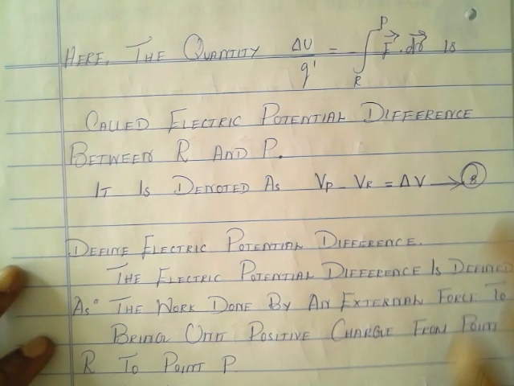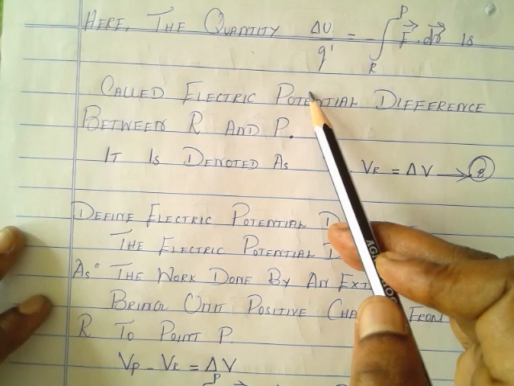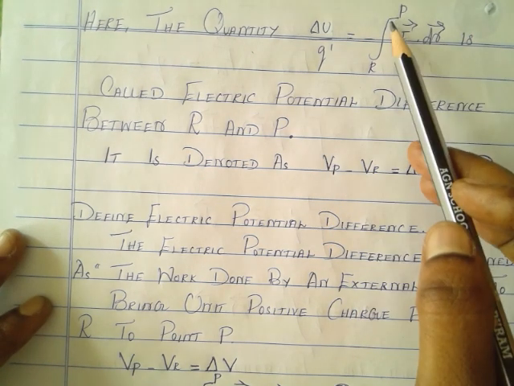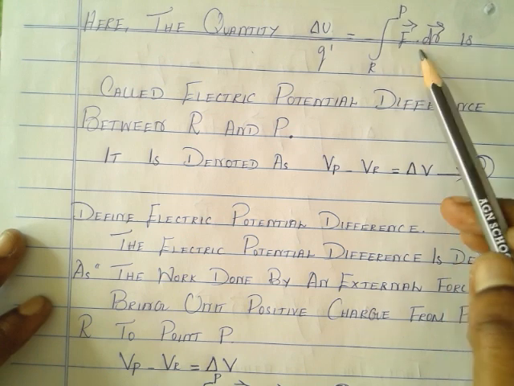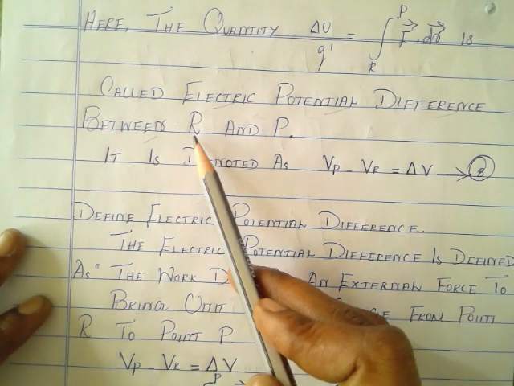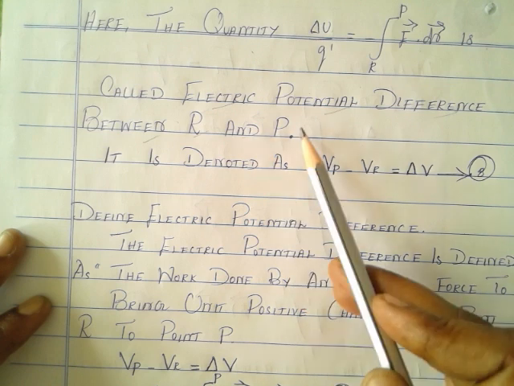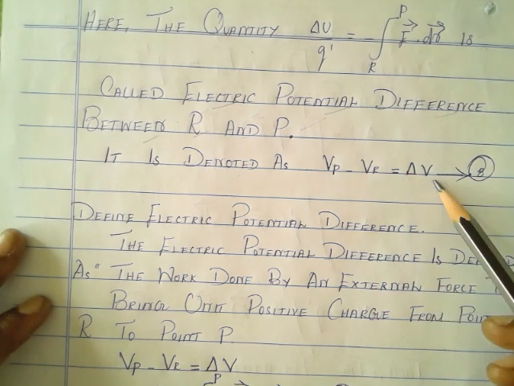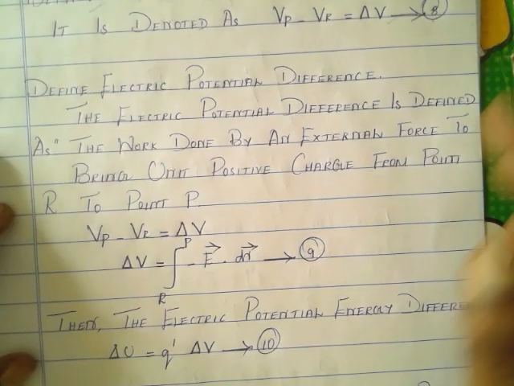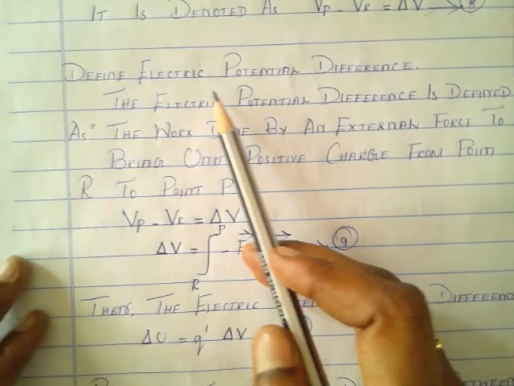Here the quantity del U divided by q dash, equal to minus integral R to P E vector dot dr, is called the electric potential difference between the points R and P. It is denoted as Vp minus Vr is equal to del V. This is equation number 8. Then define electric potential difference.